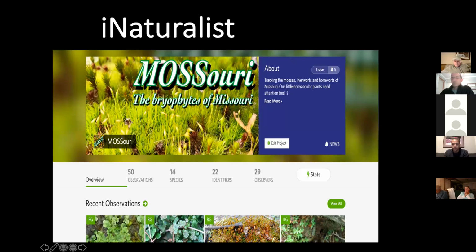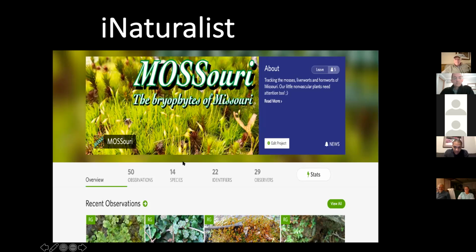So if you have pictures of mosses taking up space on your phone, just go ahead and upload them. I do try to get on there when I can and help ID stuff. Some of them, unfortunately, are not very good, or they're taken from too far away and you can't see the structures. And it's like, well, I can tell you it's a moss, but I don't really know much more than that.